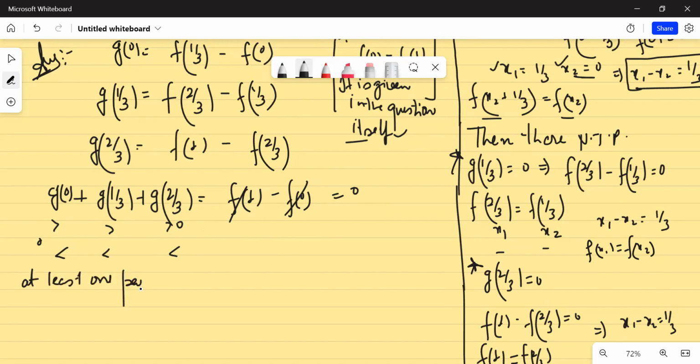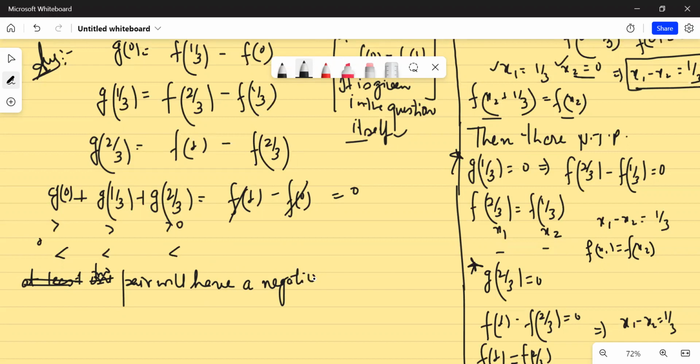Right? So what I want to say is that at least one pair will have a, at least two pairs will have a negative sign.